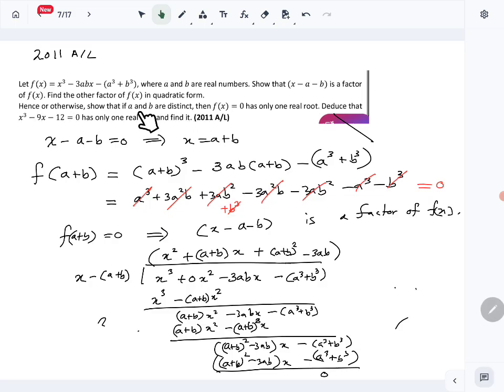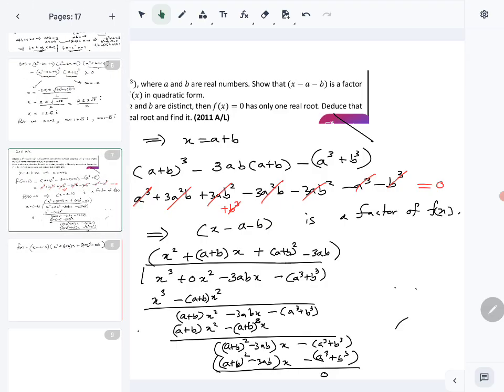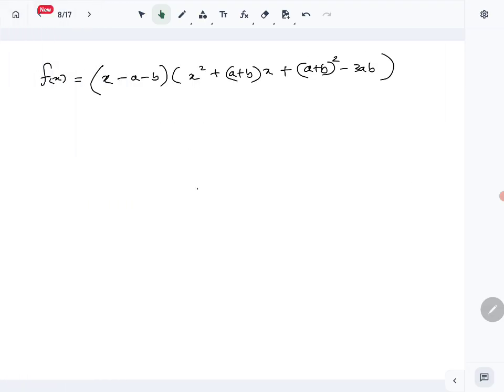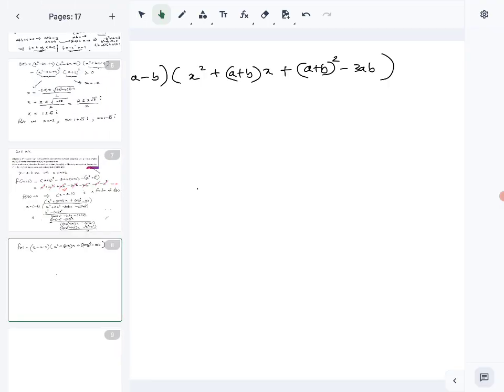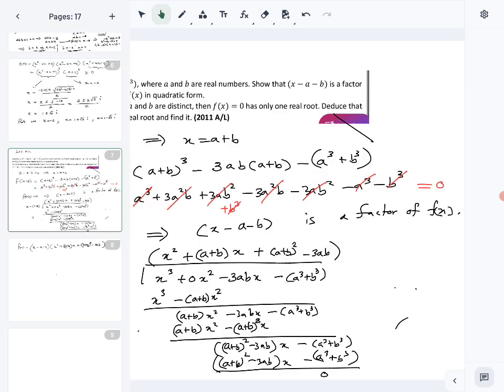Hence or otherwise show that if a and b are distinct, then f(x) = 0 has only one real root. Right, so let's see how to do that. So a and b are distinct.